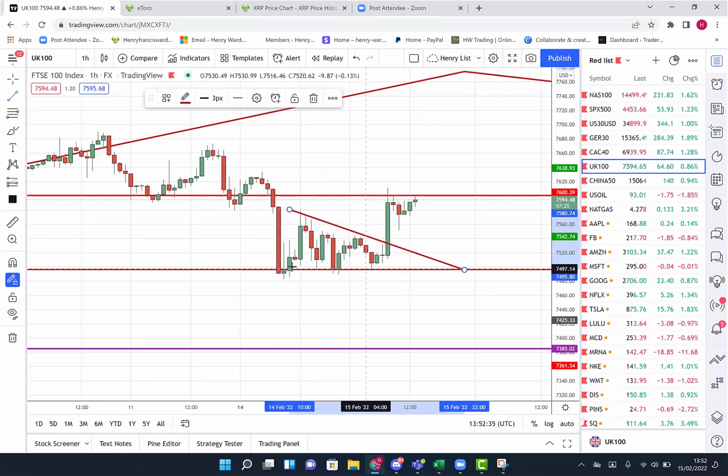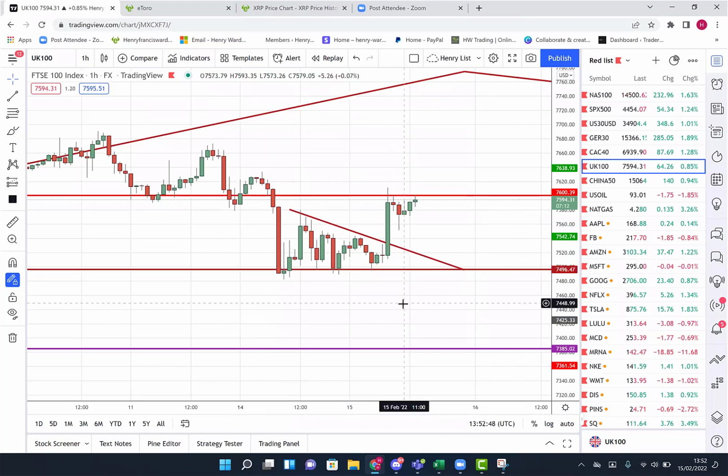Now, would I call this a wedge? Not really. It looks like it's respecting this floor. It's a 1 hour chart, so it's never going to be perfect. But just to go back to the example that we talked about on the likes of Bitcoin, there's that bar there.